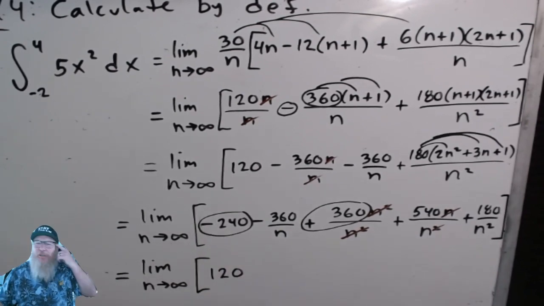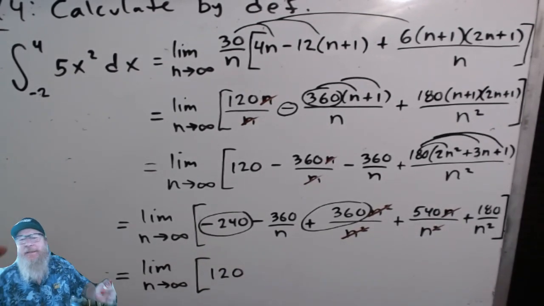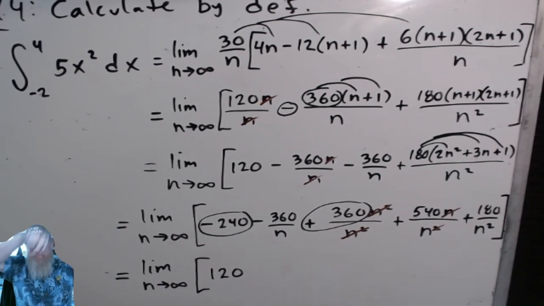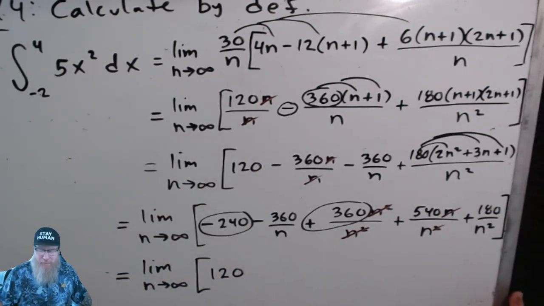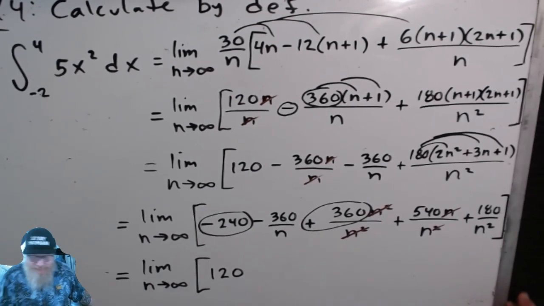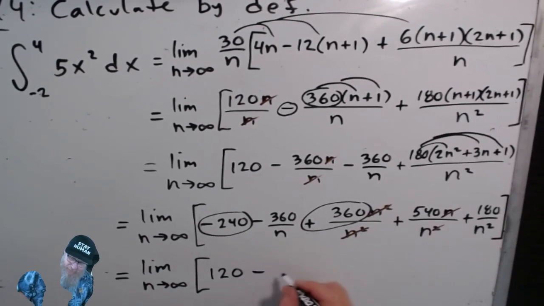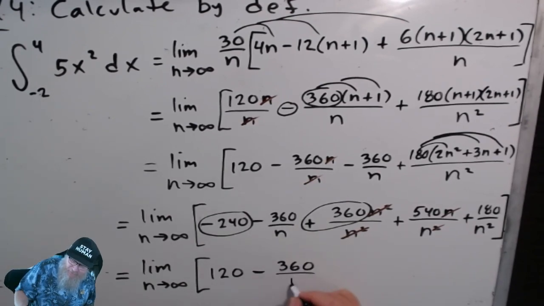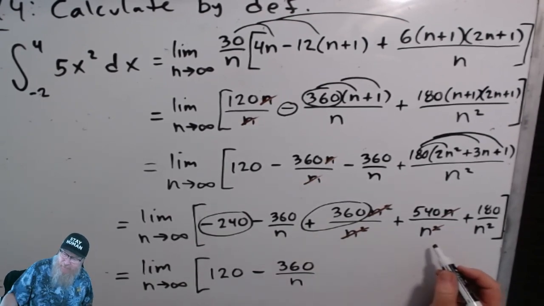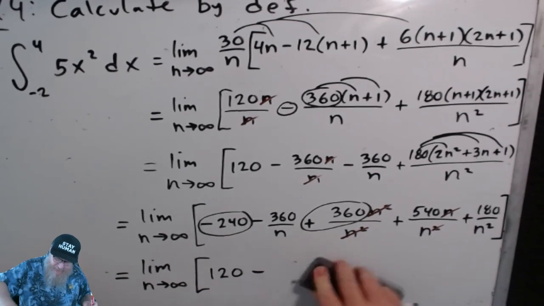All right. We shouldn't get a negative answer, right? Because this is a parabola. It's above the x-axis. I'll get into what negative answers will mean later, if there is a later. I don't know how much longer we can hold out here, but negative 360 over n. Oh, let's combine those too.